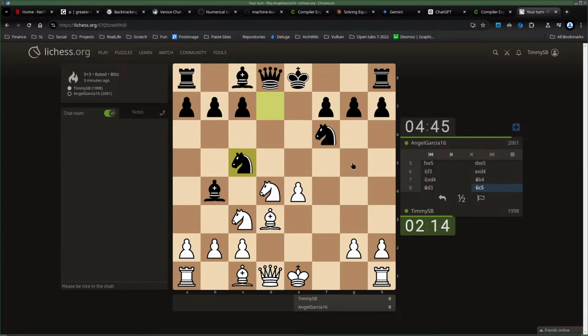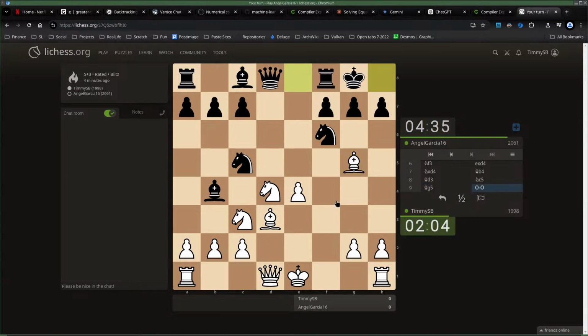I can pin this knight. I think that I like that best. So he can't take my knight because I just give check here and then I win the queen.